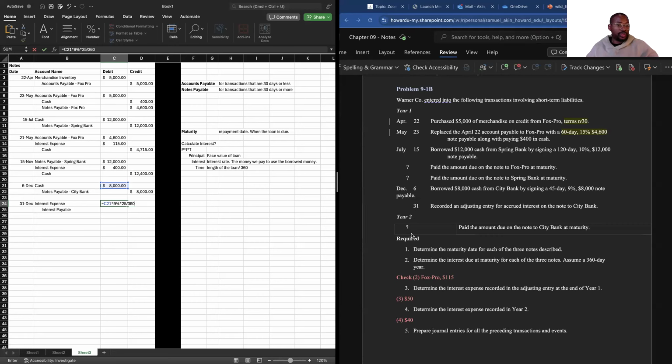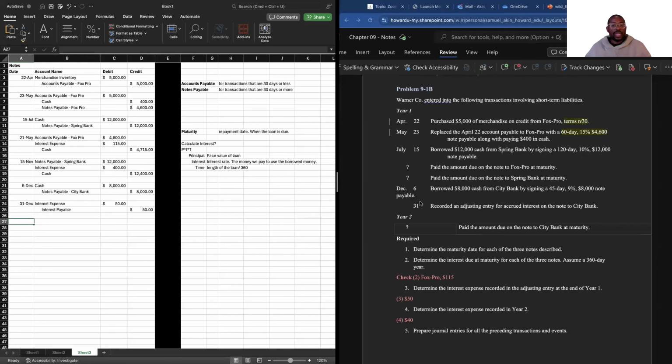So there's 25 days between when the note was established and when the end of the year is. So that means $50 is what we're capturing in the first year. But we're also saying that we're going to pay it back at maturity. That's why we're putting it into interest payable. We're going to pay it back at maturity.